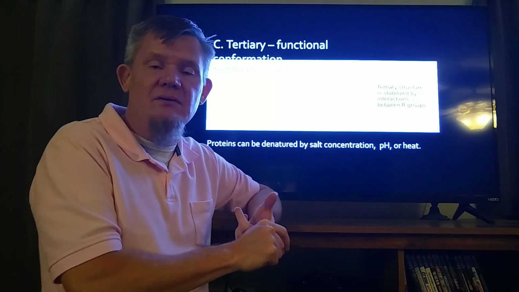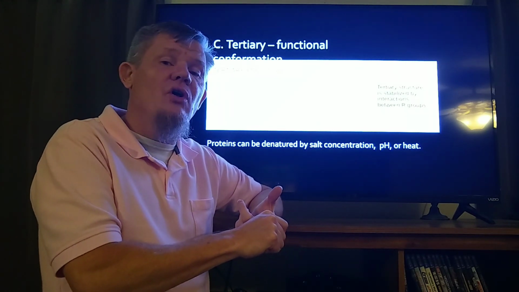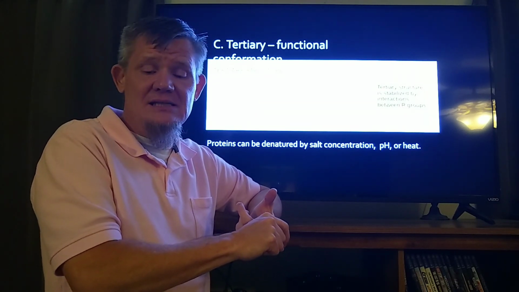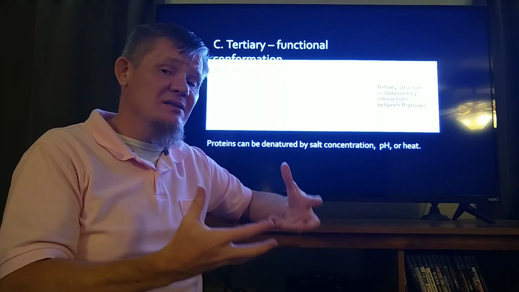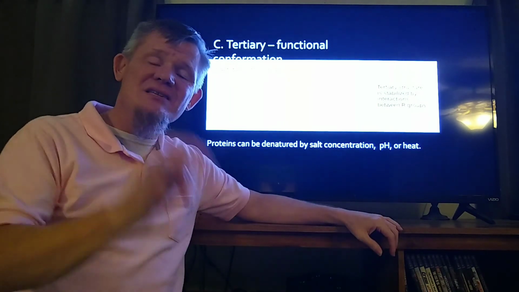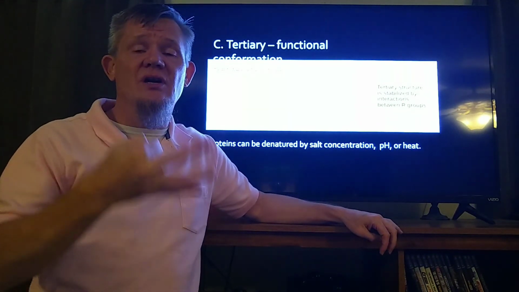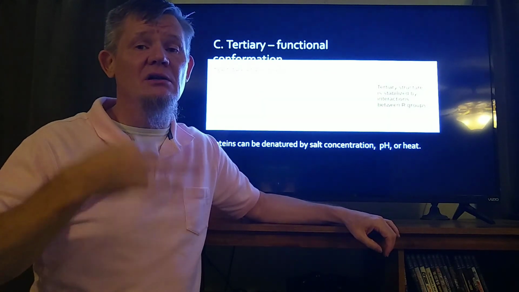I've now pried the jaws of my pliers apart. That's called denature. If you have denatured a protein or an enzyme, you have changed its shape and you've made it so it no longer functions because it is the wrong shape. Every single protein has these first three levels of structure I've just described. Some proteins have an additional fourth layer.